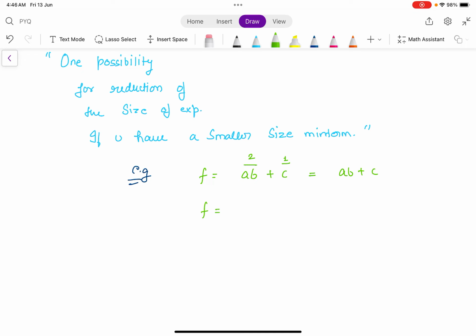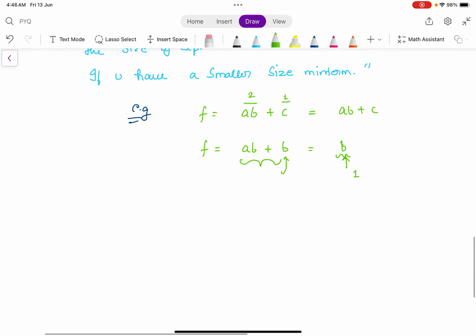But what if your expression has this? Then there is a possibility that this minterm can reduce your entire expression, and it becomes B. Now the entire size of the minterm becomes 1. What you see is that the size no longer remains 2. There is only one minterm which has size 1.